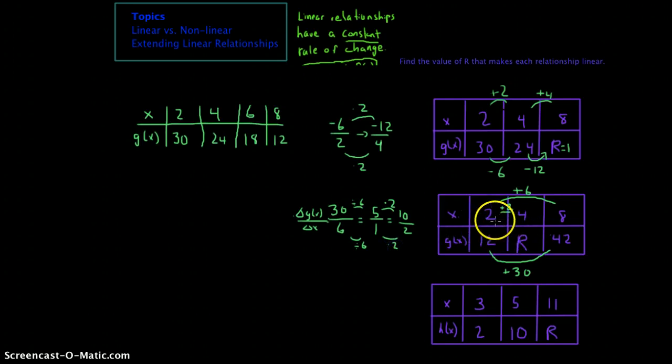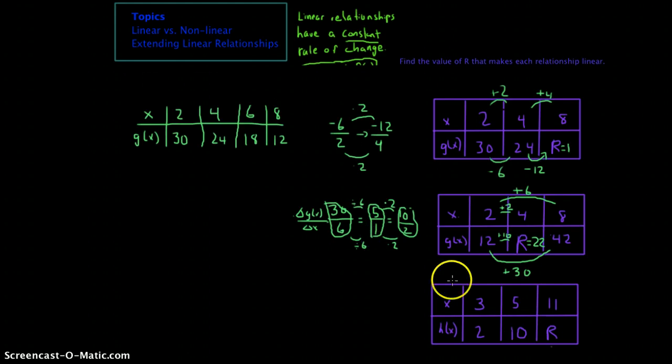So if our inputs go up by 2, our outputs have to go up by 10, making the R in this case equal to 12 plus 10, which is 22. Right? So again, this relies on the idea that 30 to 6 is the same as 10 to 2. And also, in part, that it's the same as 5 to 1.